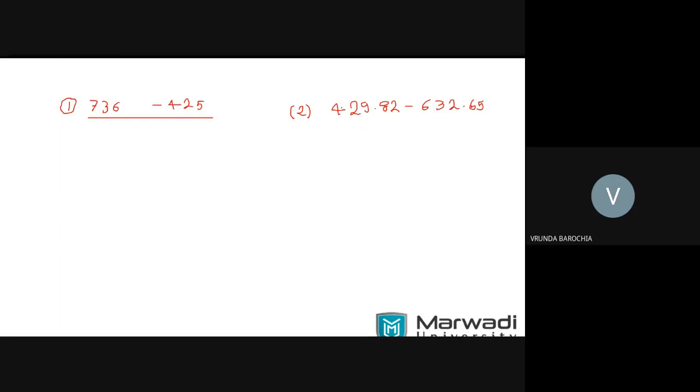Take the ninth complement of 632.65. It's 367.34. Okay, that's correct. Then add it to 429.82. Then we get 797.16.